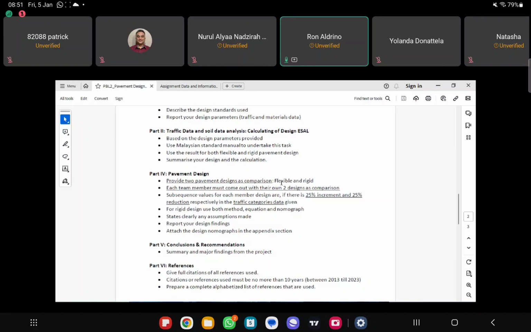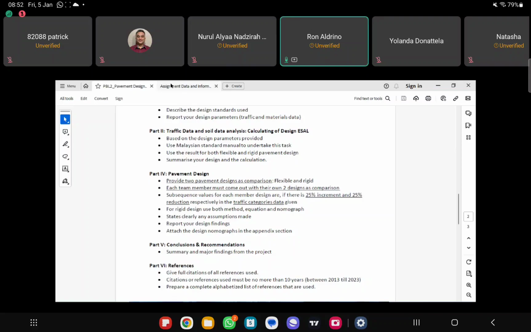So for your assumption, this is open to your own group. Each team member can choose any design between a 25% increment and a 25% reduction only in the traffic category data. What does this mean?